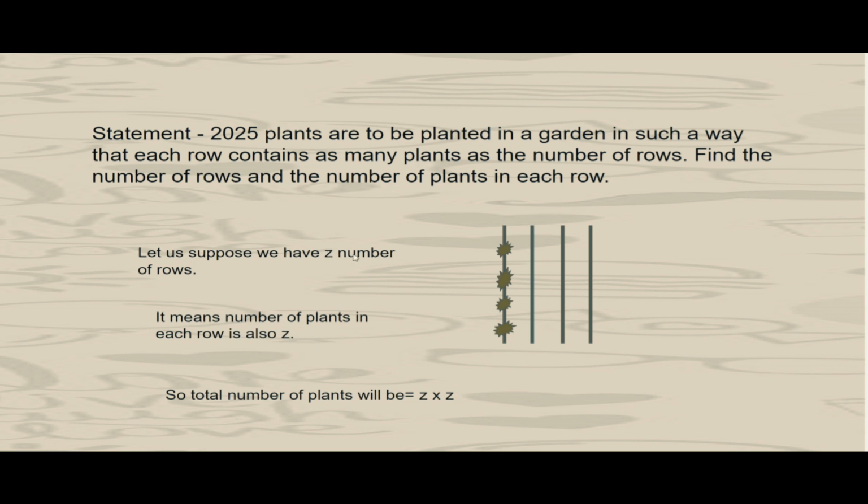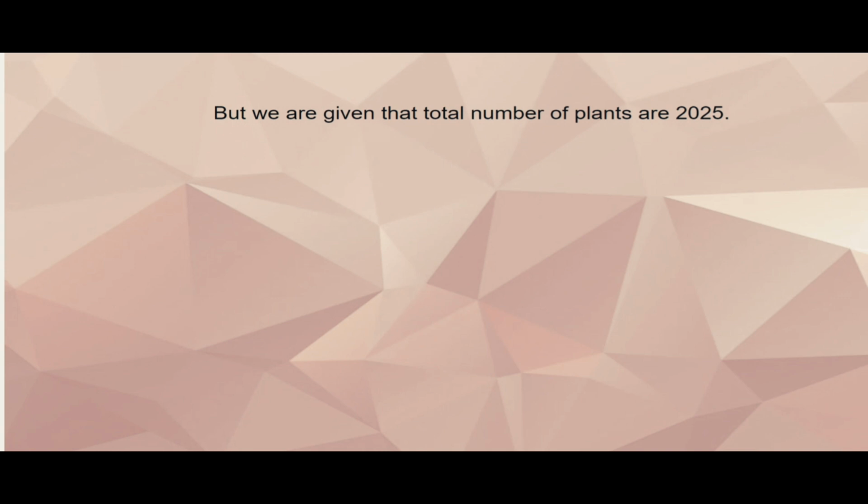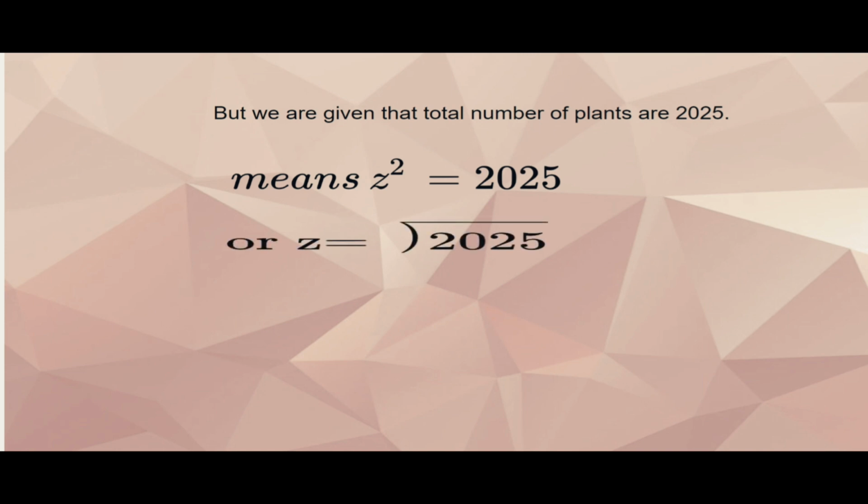We can write it as Z square. We are given that the total number of plants is 2025. Means Z square is equal to 2025. Now Z is equal to the square root of 2025.